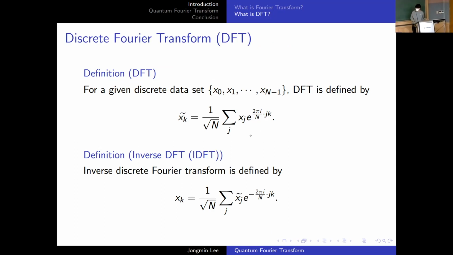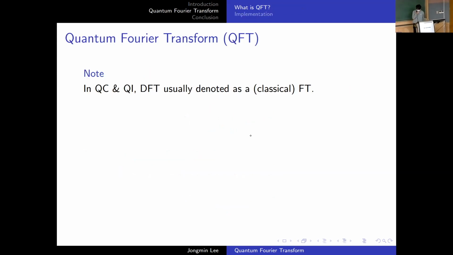Since we cannot take continuous variables in a computer, we have to sample some points, and the DFT is needed. So in quantum computing, the DFT is just called the classical Fourier transform, or just the Fourier transform in this field.